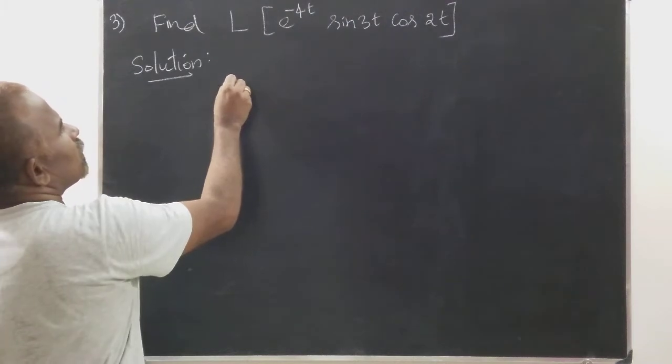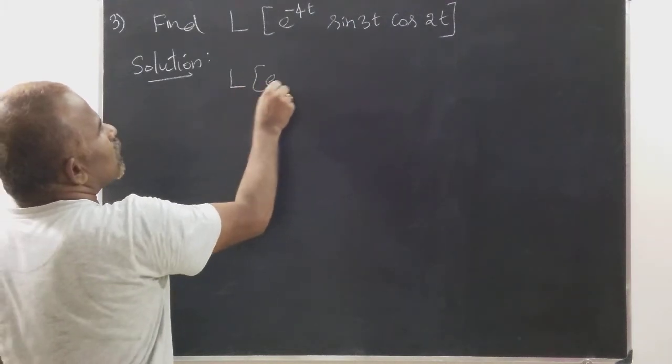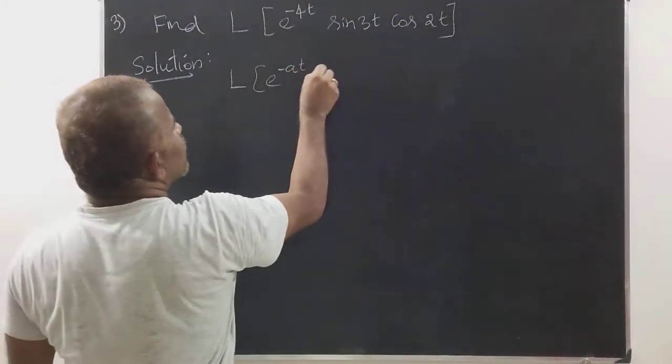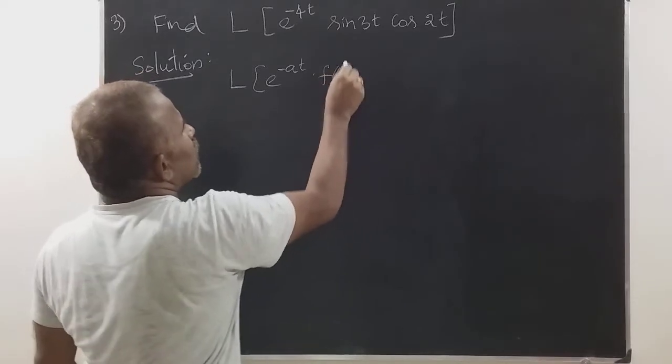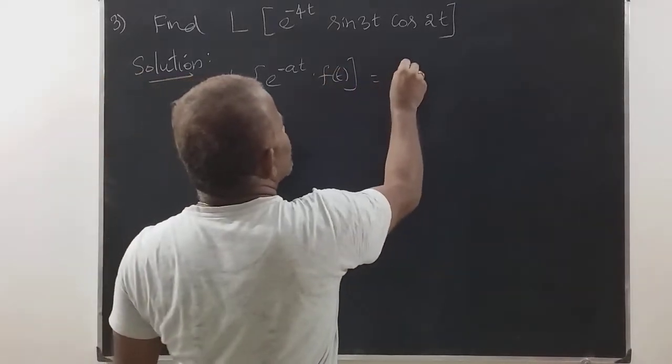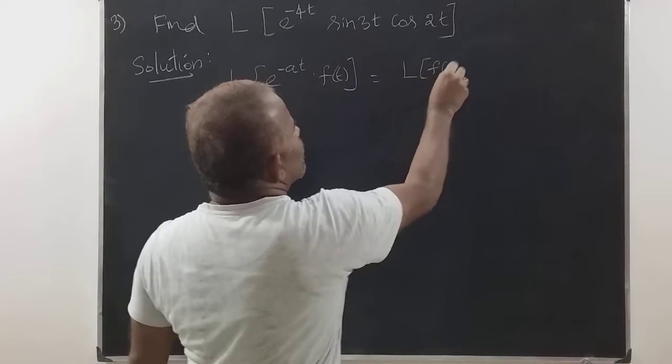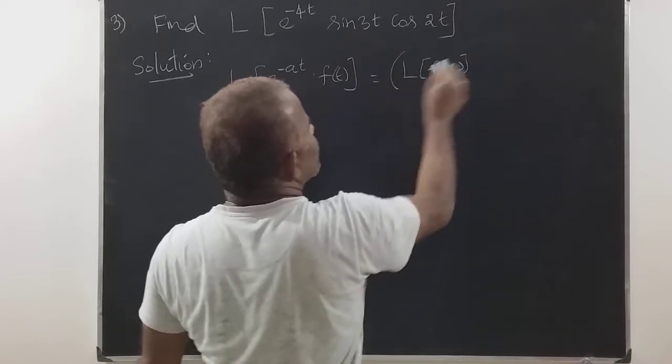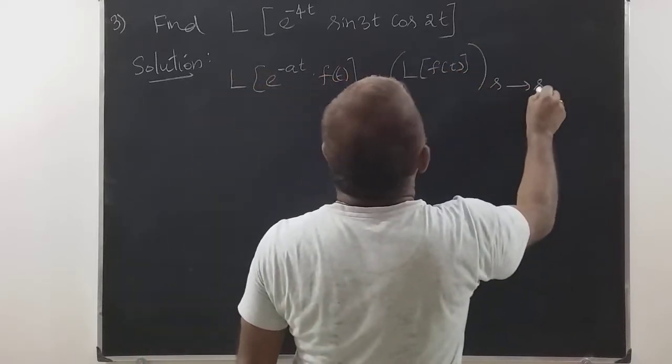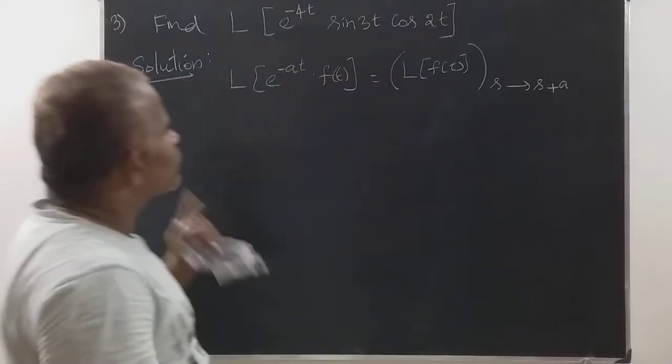First of all, we know that L of e power minus at f of t is equal to L of f of t, with s tending to s plus a.